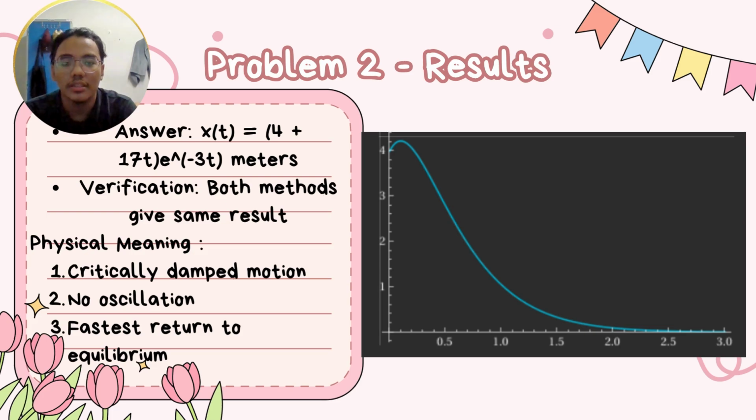There is no oscillation. The mass returns smoothly to equilibrium. This represents the fastest possible return to equilibrium without overshooting. The physical meaning is crucial for engineering applications. This type of response is often desired in control systems where we want quick settling without oscillation.